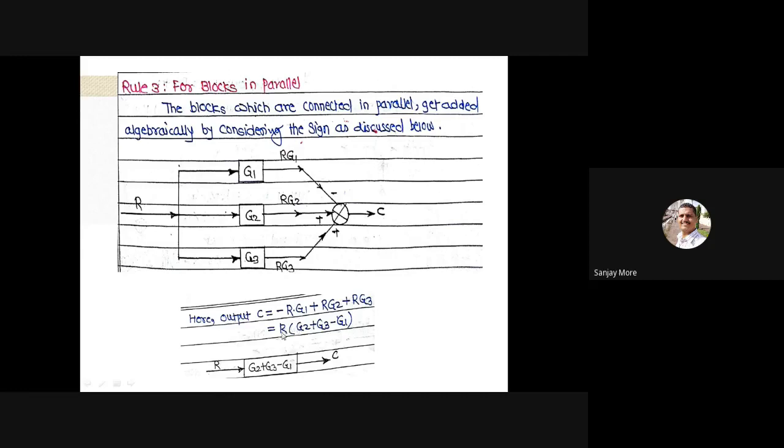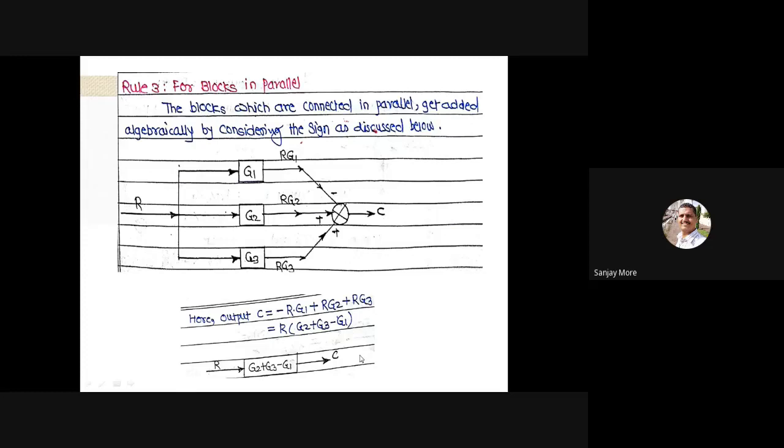Therefore, taking R common in brackets, G2 plus G3 minus G1. The output block diagram will be R in block G2 plus G3 minus G1, giving the output.